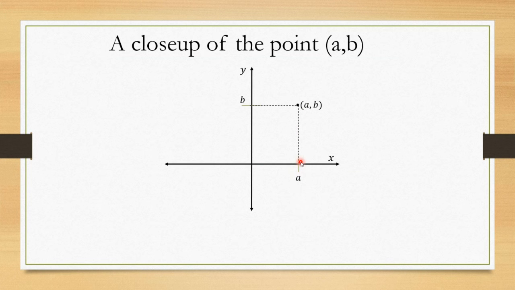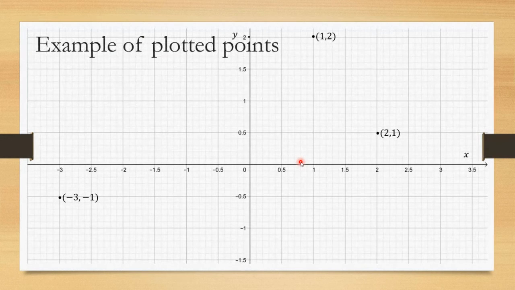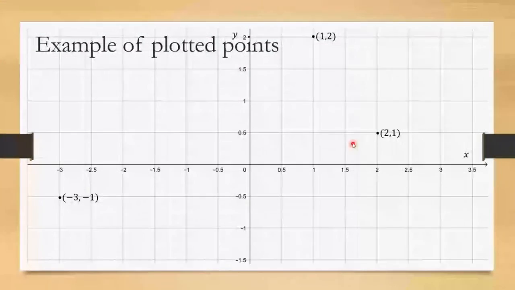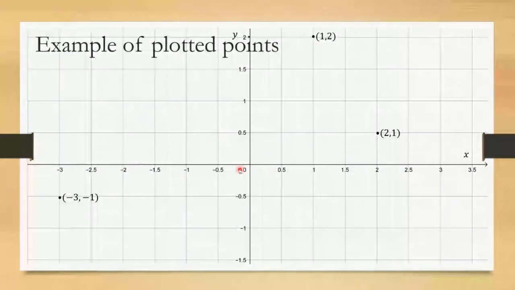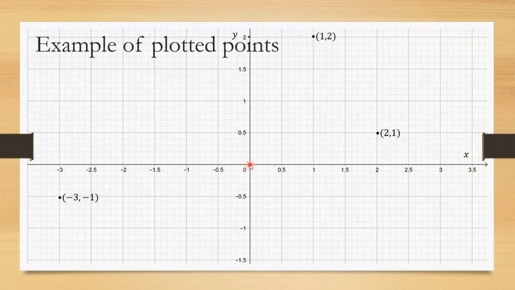All right, let's make this easier to understand by looking at some examples. Let's say we wanted to plot the point (1, 2). It's up here already, but how would we plot it? Well, you start at the origin.